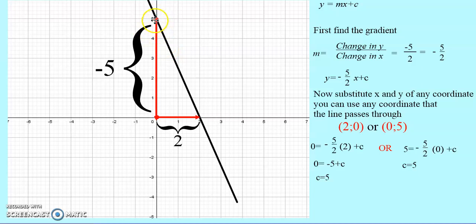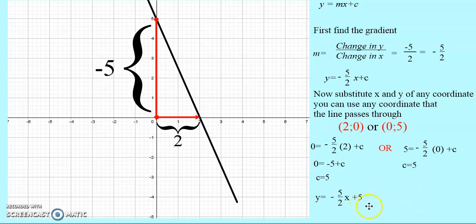Alternatively, I could also substitute 0 and 5. My y value is positive 5 and my x value is 0. 0 multiplied with any number remains 0. So c is equal to 5.